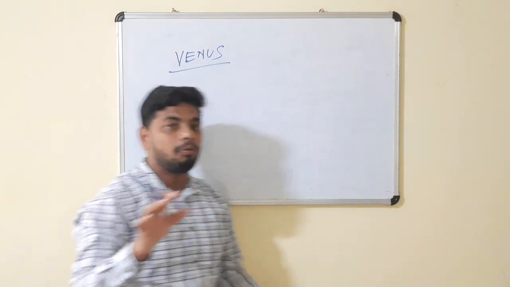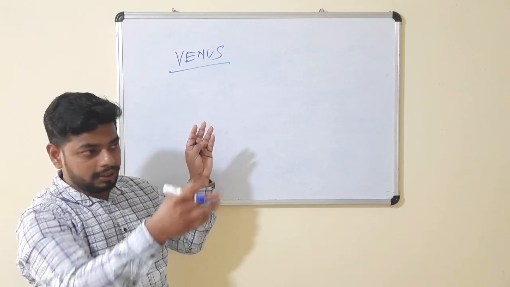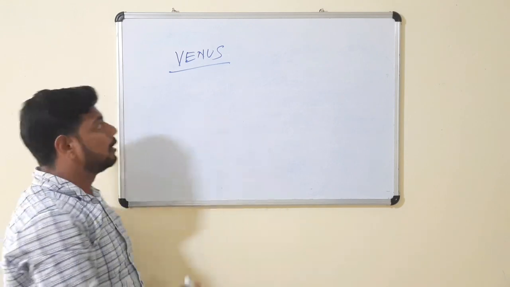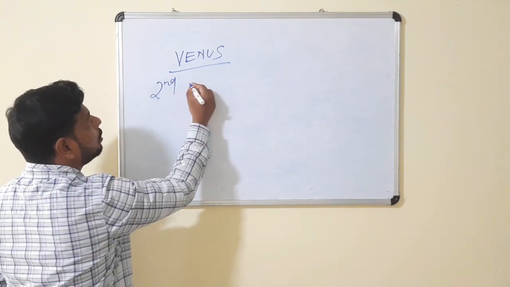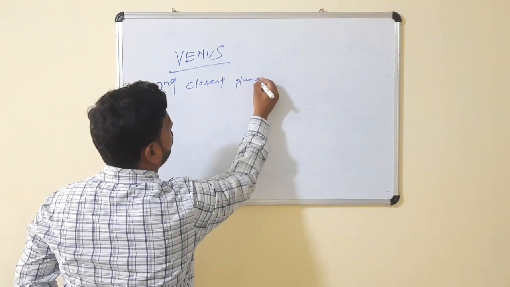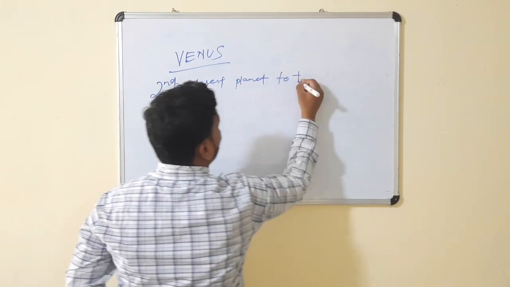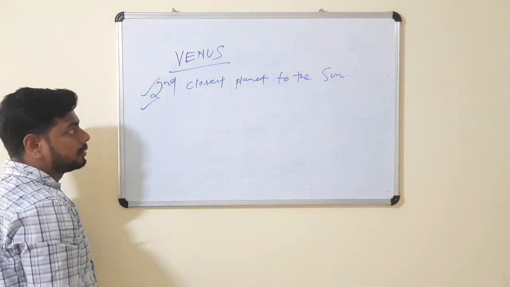Regarding the planet, what are we learning? How far is it from the sun? It is the second closest planet to the sun. First, okay.